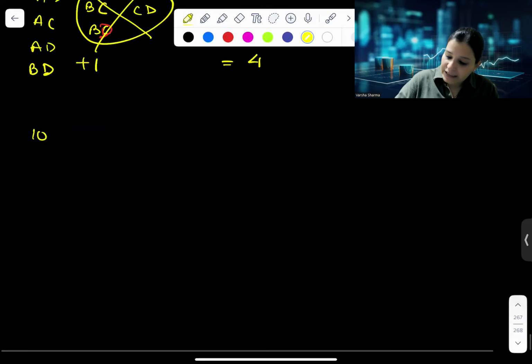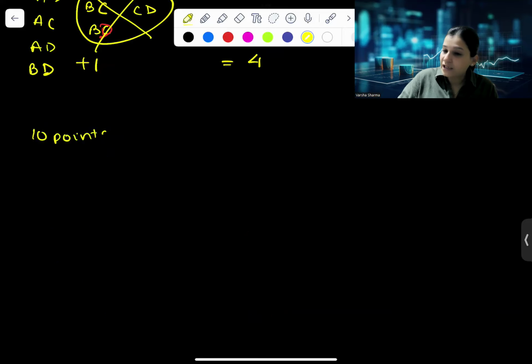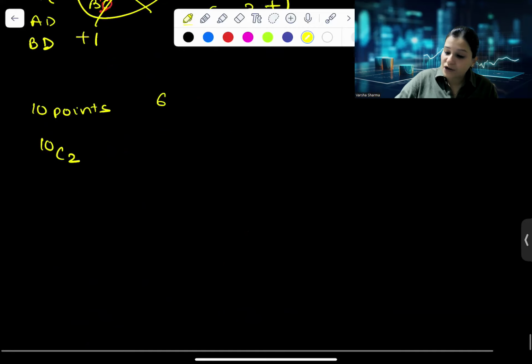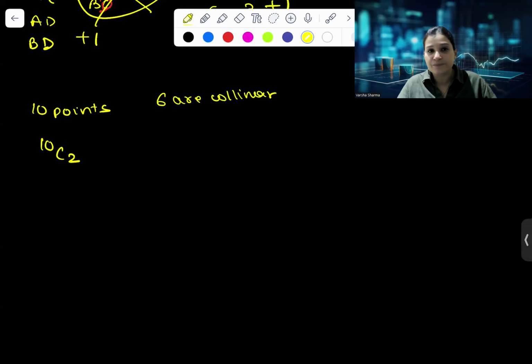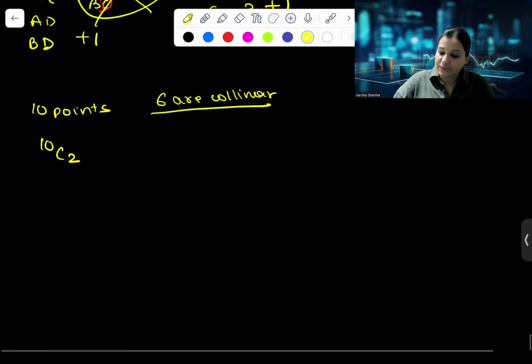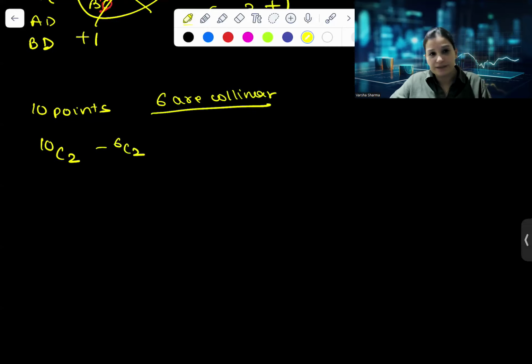So if I would have had 10 points, then the total number of lines that will be formed is 10C2. But if 6 are collinear, then those 6 points among themselves will give me a lot of lines which are not necessary. So these 6 points among themselves will give me 6C2 lines. So I'll remove all of them.